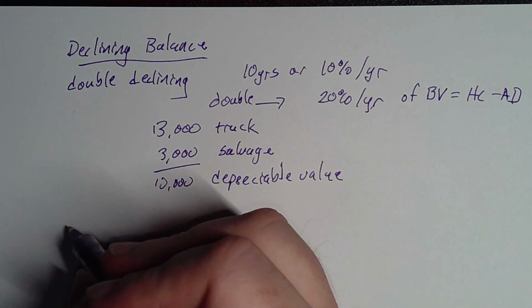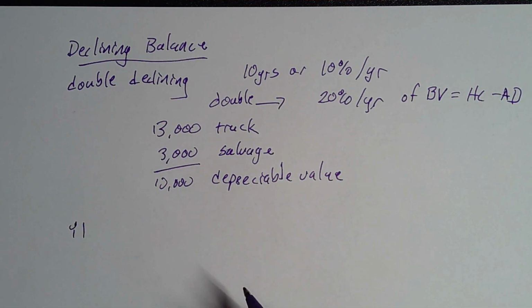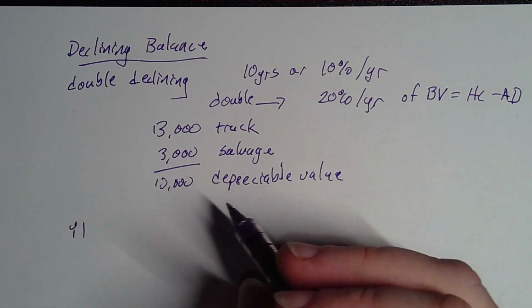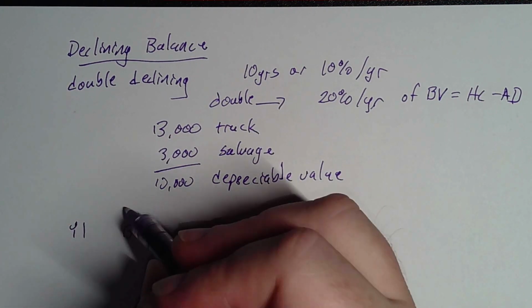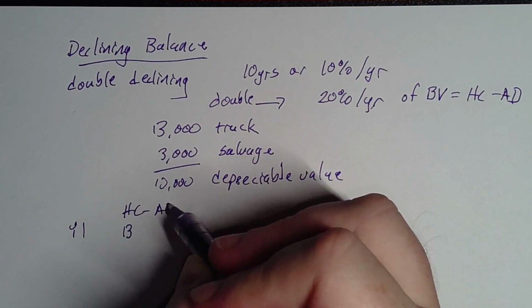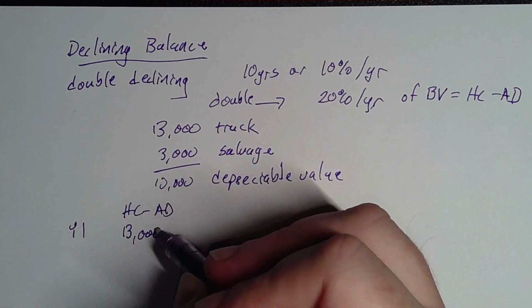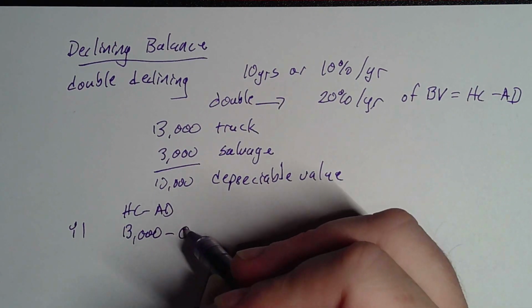Now, for the first year, what is the amount that we're going to run through depreciation? Well, the book value is going to be 13,000. Remember, historical cost minus accumulated depreciation. So 13,000, and we haven't depreciated it at all yet.